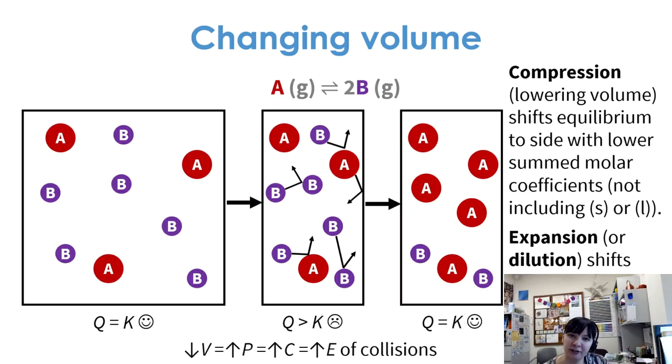So thinking of this purely from an energetics perspective, if we decrease the volume, we're increasing the energy of the collisions in there, also increasing the pressure or the concentrations of our products and reactants. And so in response to that, it's going to favor the side that makes less of those things. Less collisions, less particles, all of that stuff.